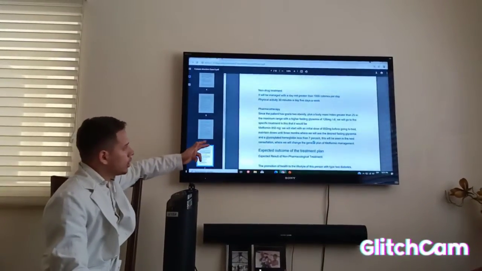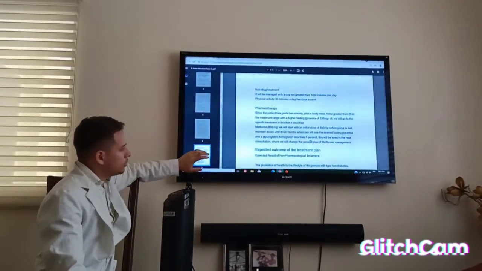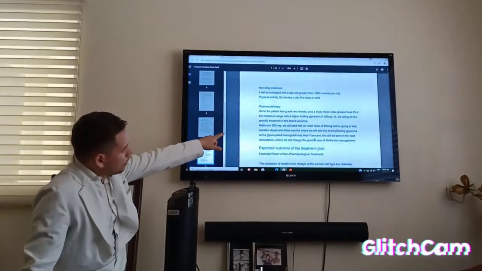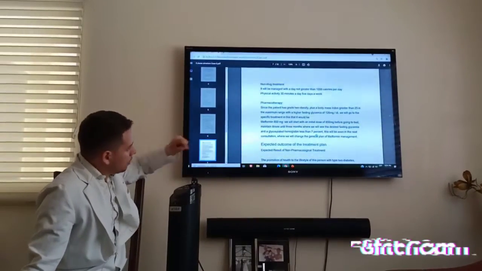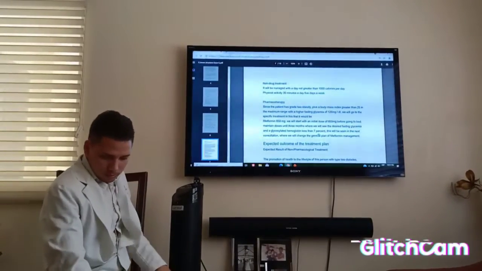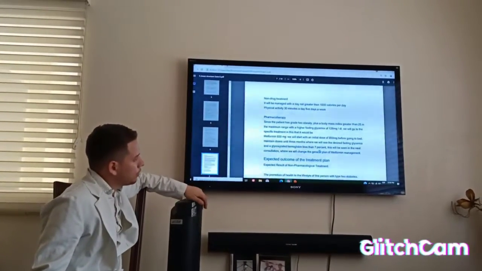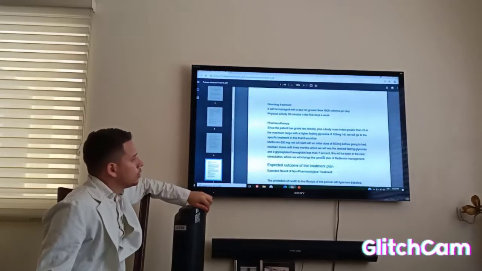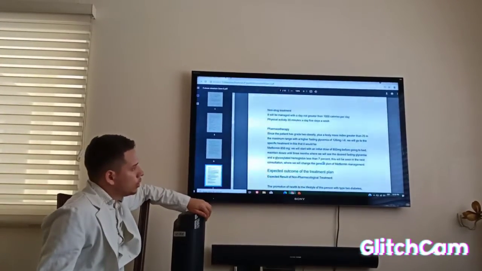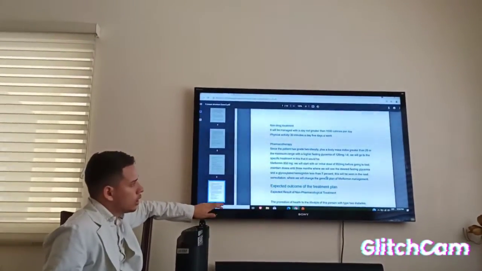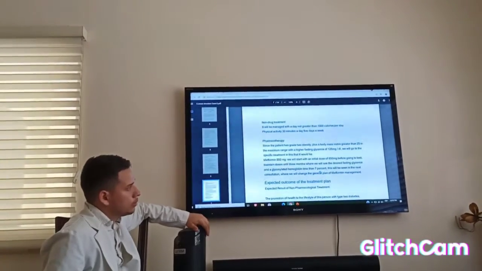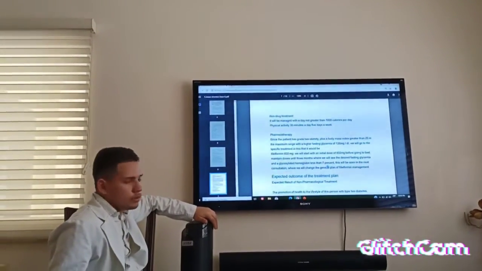This is the pharmacotherapy, and this is metformin. We will start with an initial dose of 850 milligrams before going to bed.